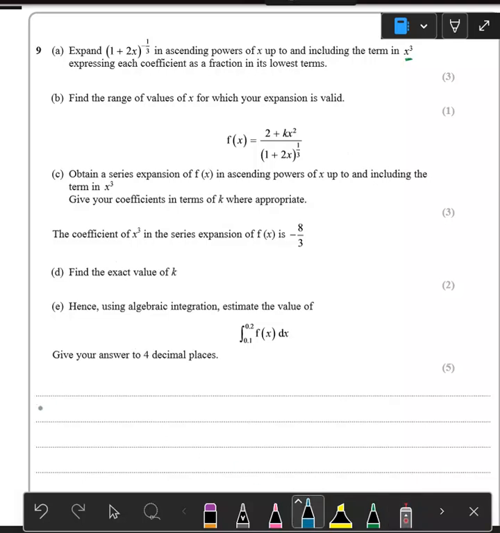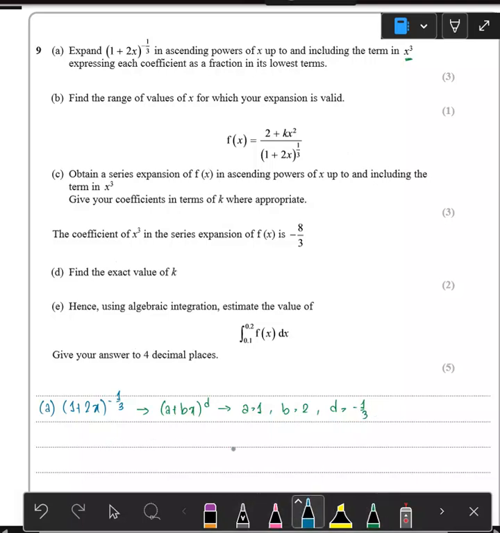So here we have been given an expression which is 1 plus 2x to the power negative 1 by 3. If you look at it, this expression is in the form of a plus bx to the power d, where a is equal to 1, b is equal to 2, and d is equal to negative 1 by 3.